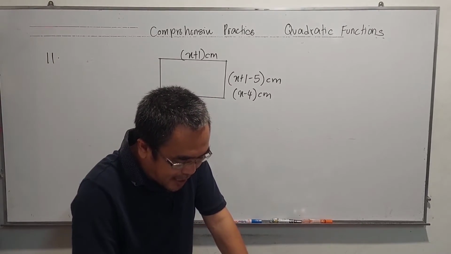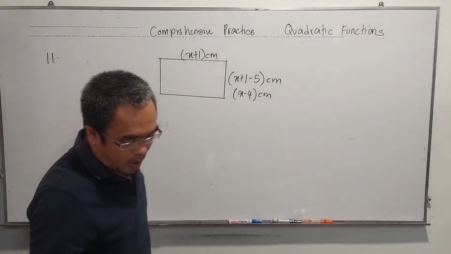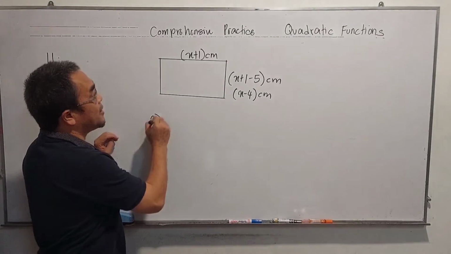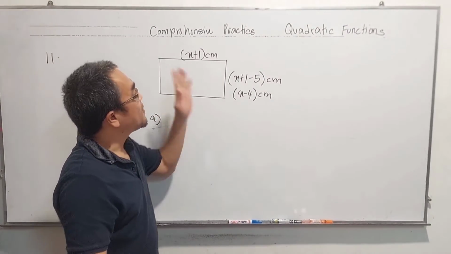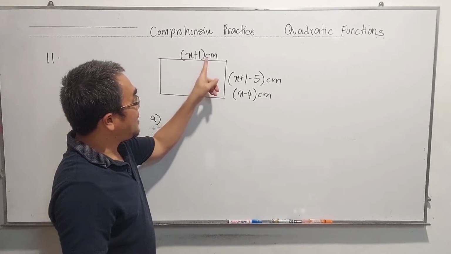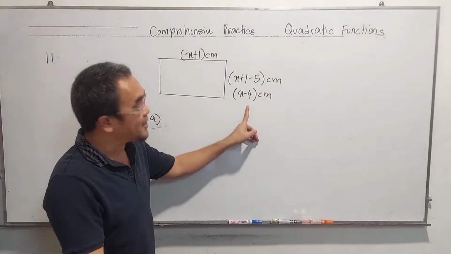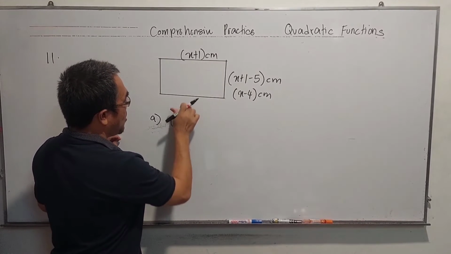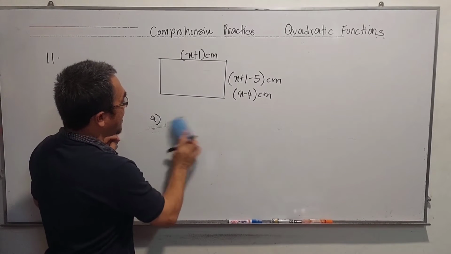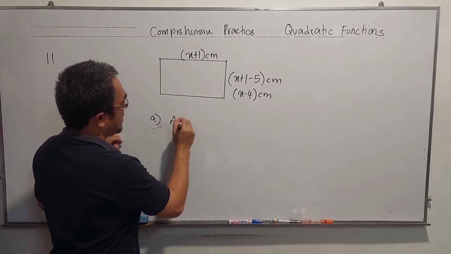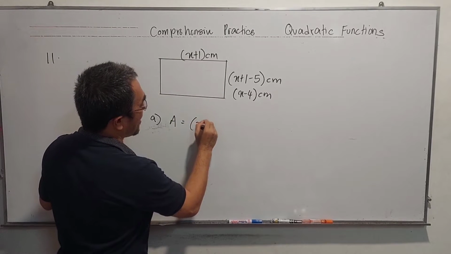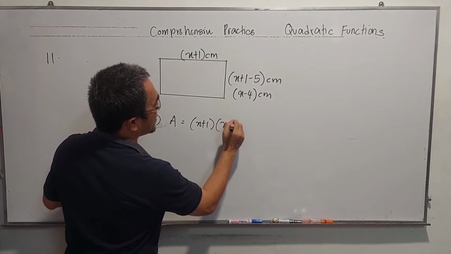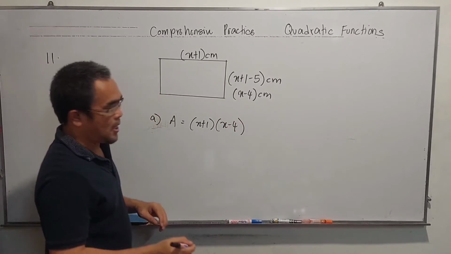A, express the area in terms of x. For area, because it is a rectangle, it will be length times width. Length is x plus 1, the width is x minus 4. So area A equals (x plus 1)(x minus 4).